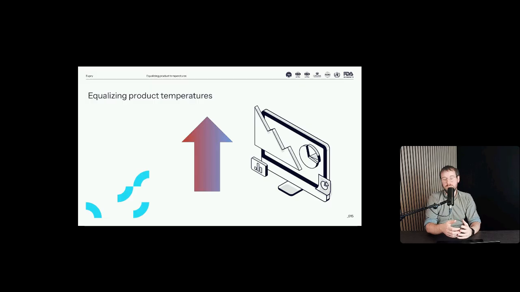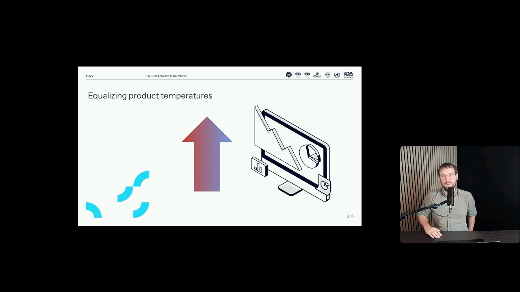One is, as I mentioned before, if you have areas where you have non-sensitive products that you bring in and out, which can bring in a lot of cold. We've already discussed that. But secondly, when you have areas that are designed for equalizing product temperature or bringing them up or bringing them down in temperature, those areas will be highly affected by the volume and the mass of product that you are bringing into a facility.